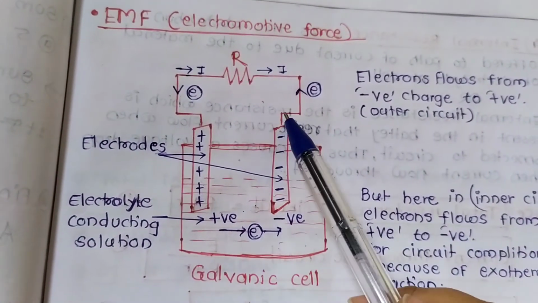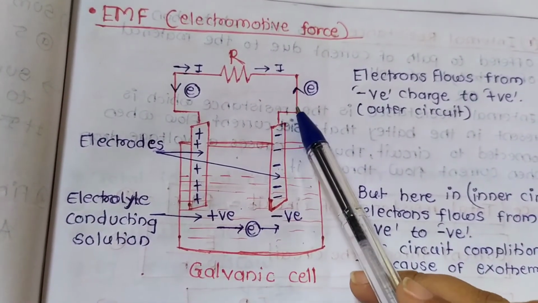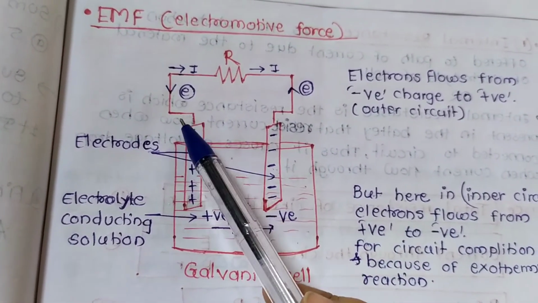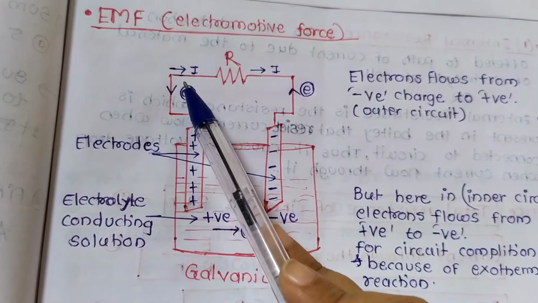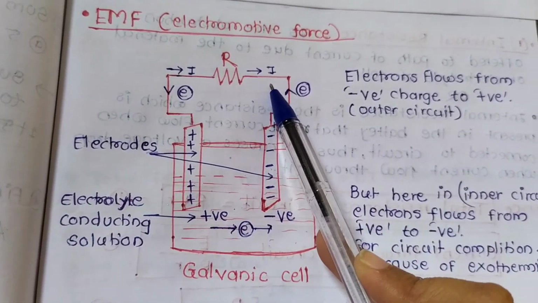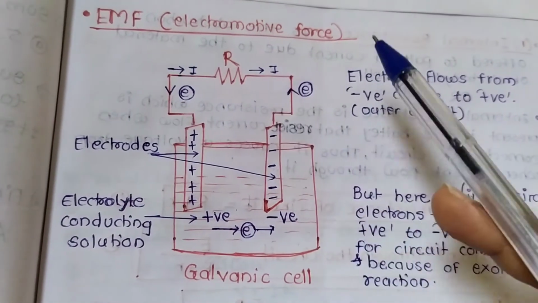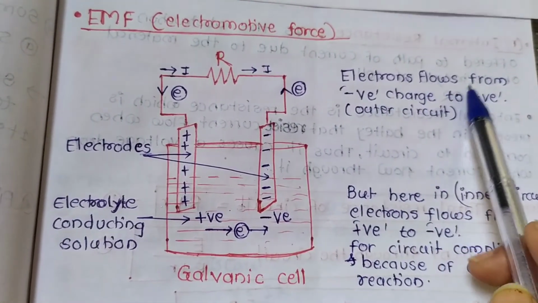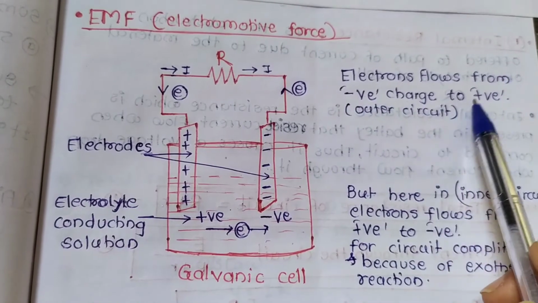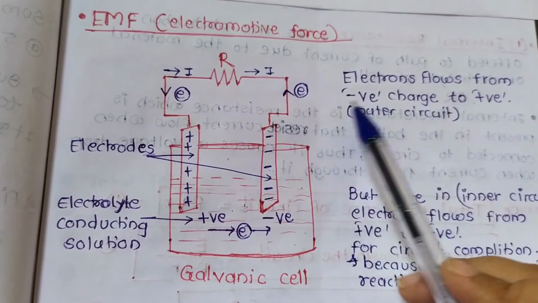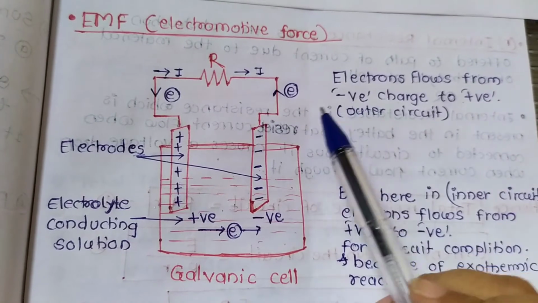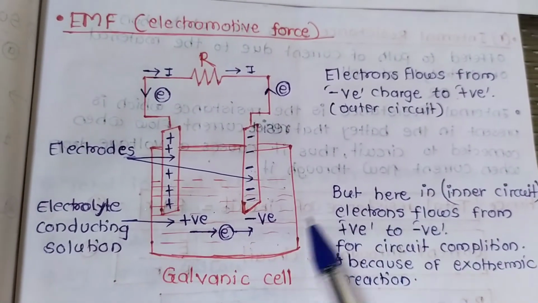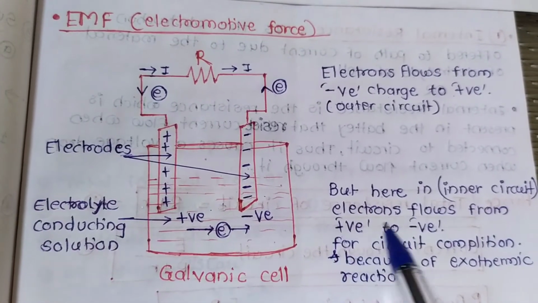We know that charge flows from negative to positive, and current is opposite, from higher potential to lower potential. This is general. Electrons flow from negative to positive in the outer circuit, but in the inner circuit electrons flow from positive to negative.